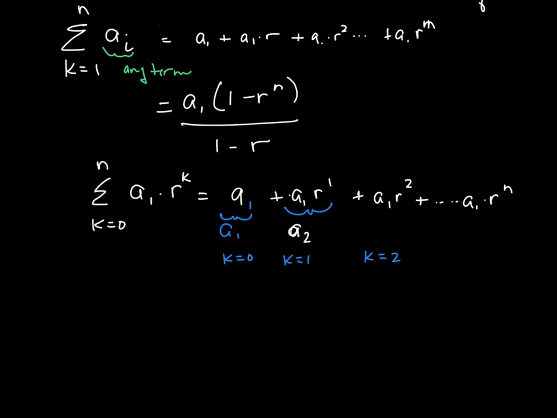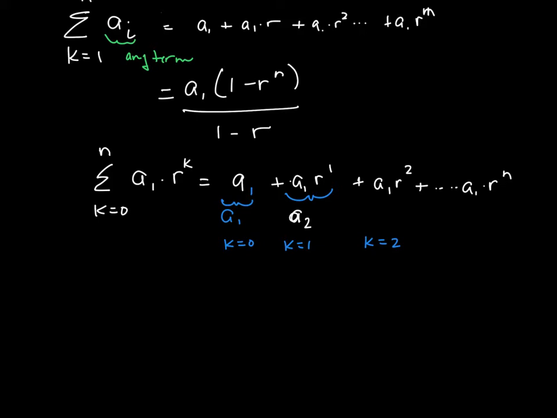So let's go ahead and use this formula. Let's say I have the sequence 2, 6, 18, all the way up to 2 times 3 to the 8th power. Now we need a couple of different things.